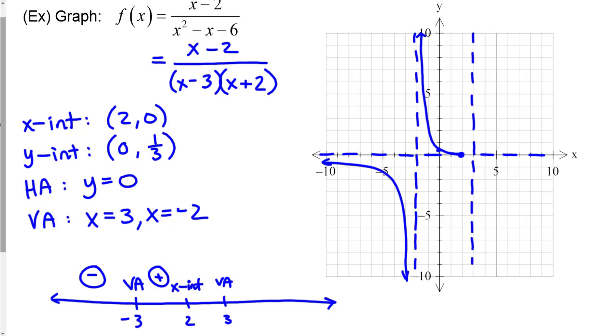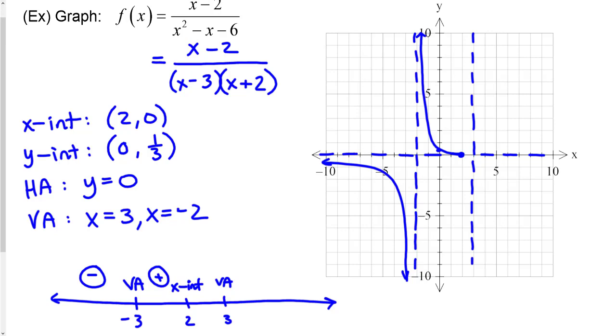Now, the next thing that I'm going to explain to you will really speed things up. When we looked at multiplicity of zeros, what we discovered is if the graph was multiplicity 1, it would just pass through the axis. If the polynomial was multiplicity 2, then it would touch the axis and bounce away.